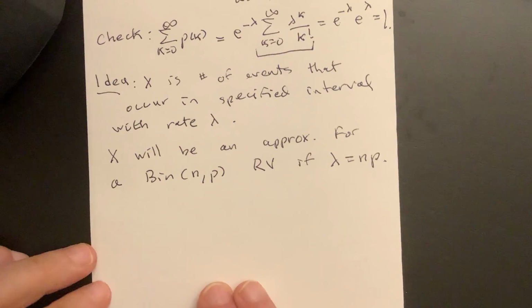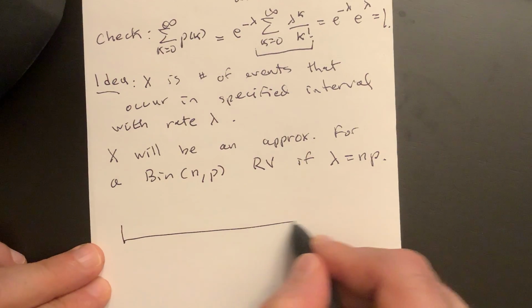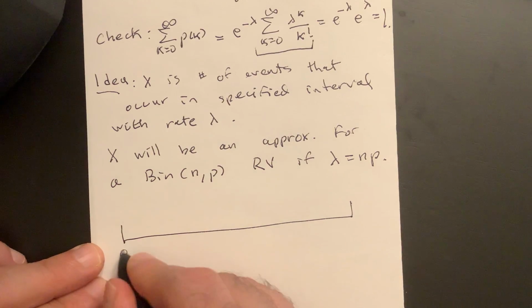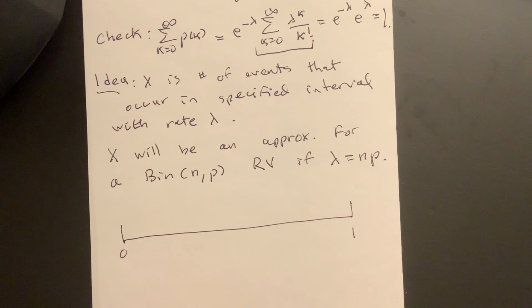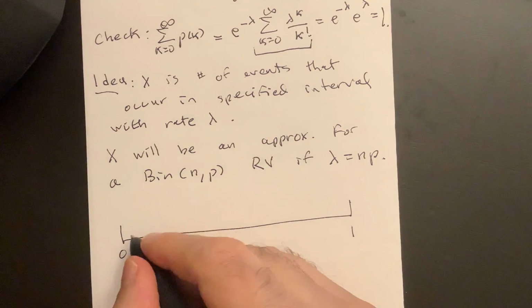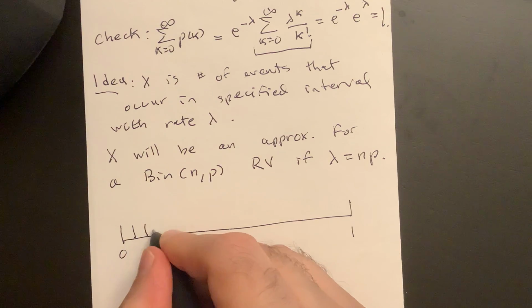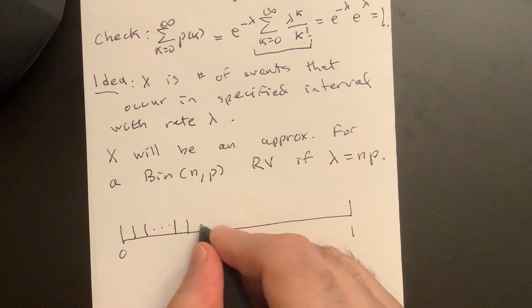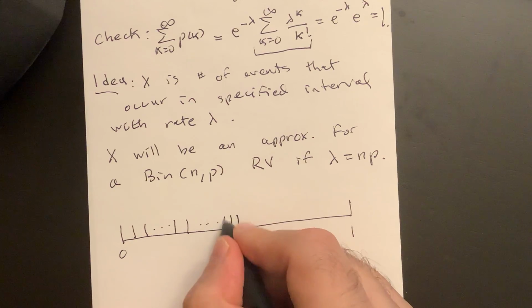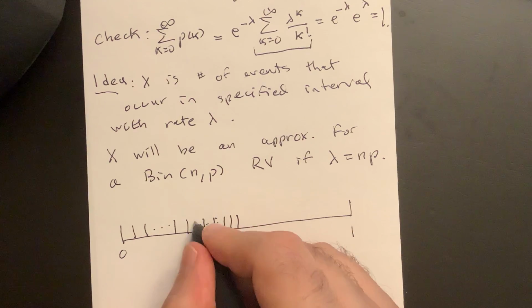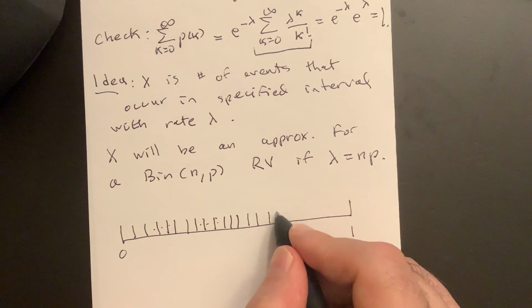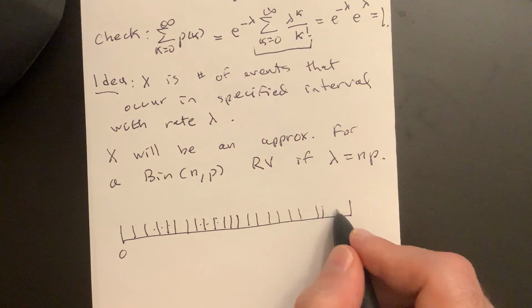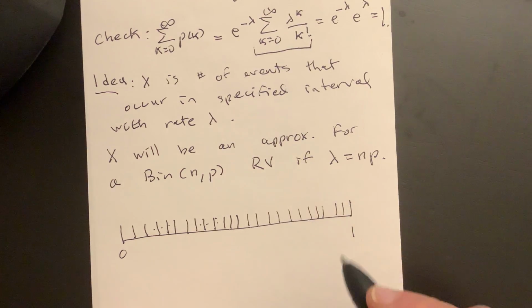Here's the idea. Here's my interval here. Say this is the unit interval. It doesn't have to really be, but say it's the unit interval. And lambda is a rate, so lambda is the number of events in the unit interval. Well, if I break this down into small little cells, all equal cells, and I consider that it's reasonable to suppose that an event occurs in any cell independently of the others.